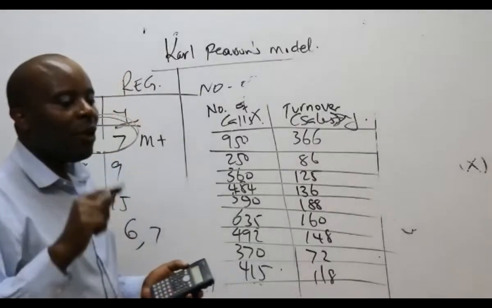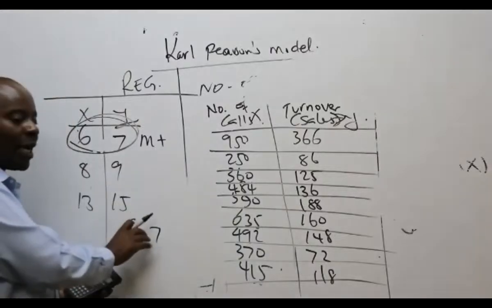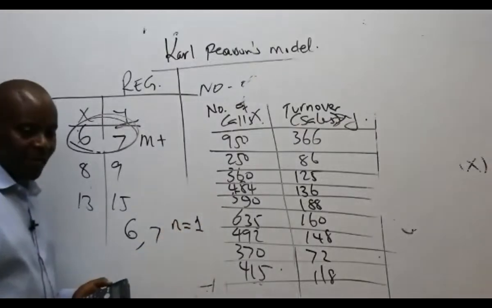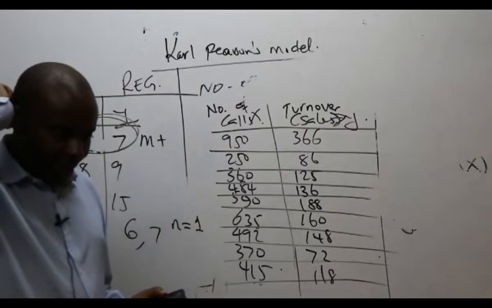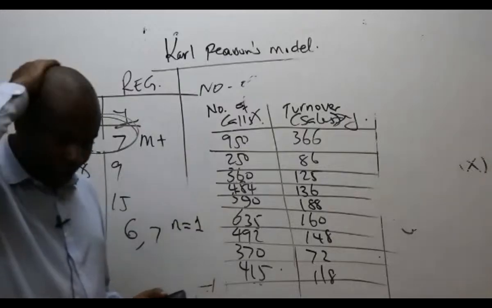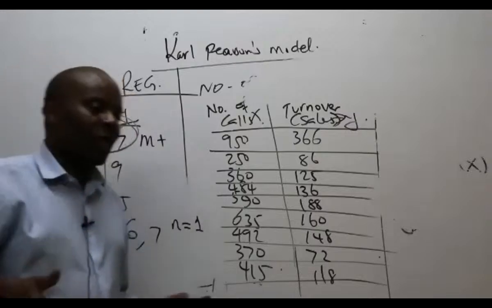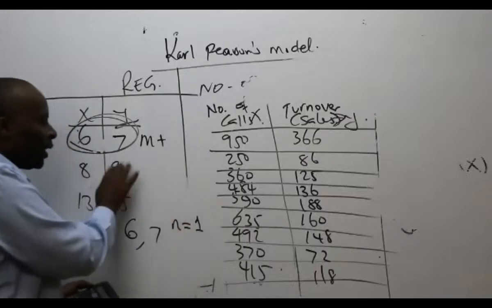Thank you very much. When you press it once, after you've keyed in 6,7, is there anybody who is being told there that N equals 1? Let's see. Yes, N equals 1. Great. Ladies and gentlemen, that straight away calls you to enter the second.